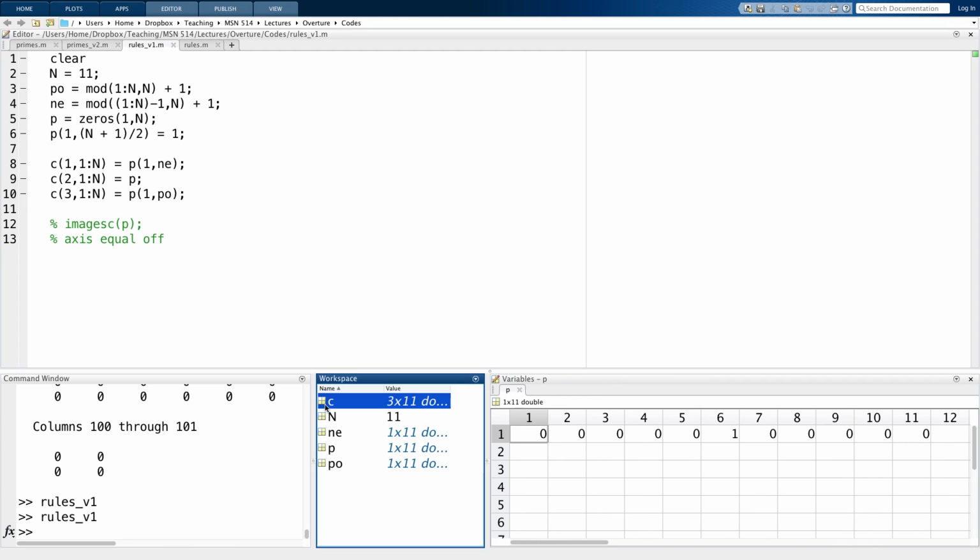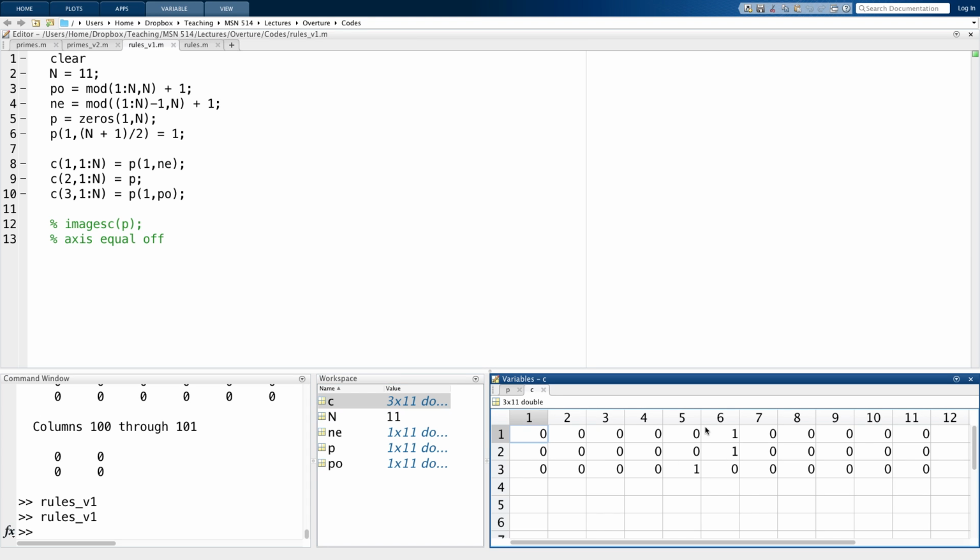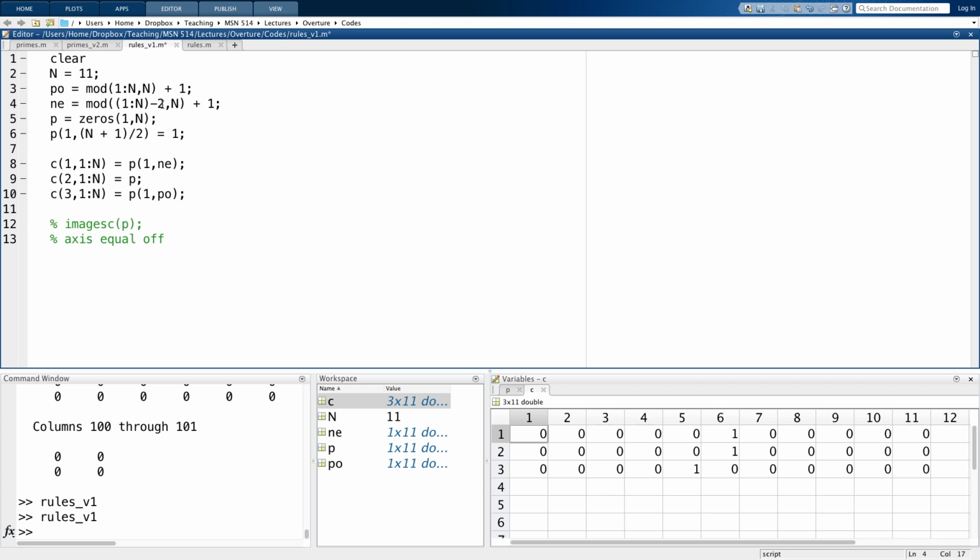Okay, let's look at 3. Okay, I have to do it 2. There you go. Do you see that we get what we wanted to get? Like in the middle, the actual thing, then this one is shifted, this one is shifted, etc. Are you with me still? Yes?